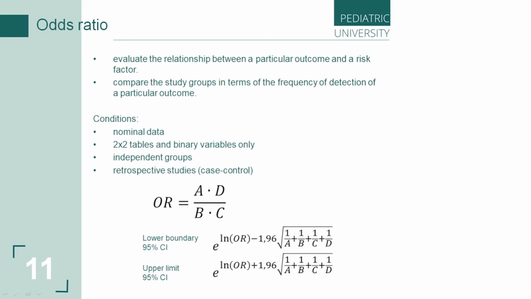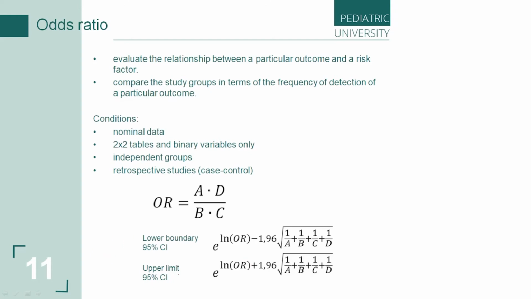It's the number e, about 2.7, to the power of the natural logarithm of the odds ratio minus 1.96 multiplied by the value under the square root, under this sum. The upper bound is the same, except the formula has a plus sign.